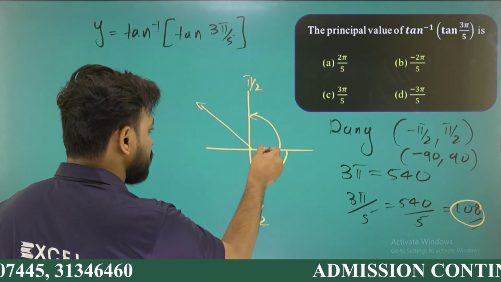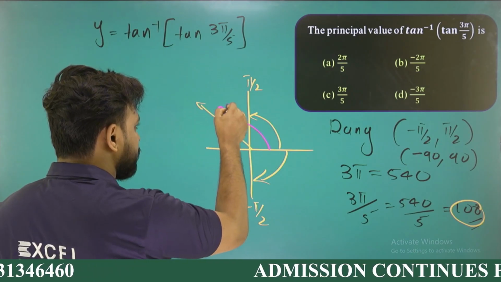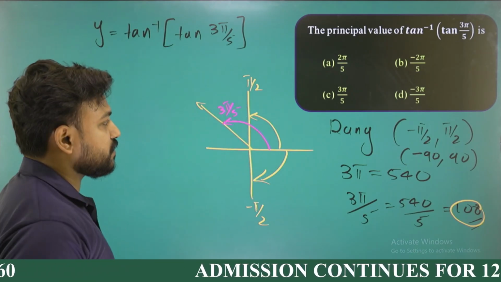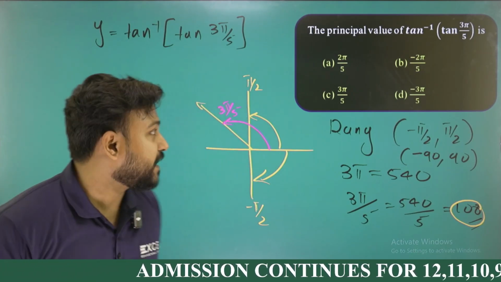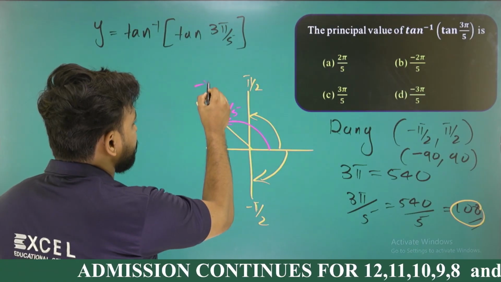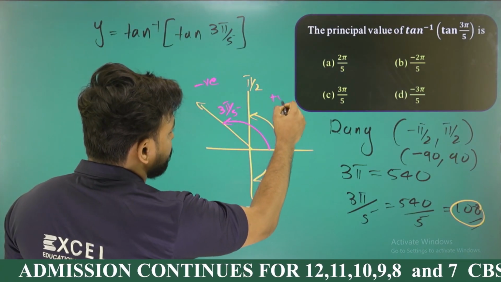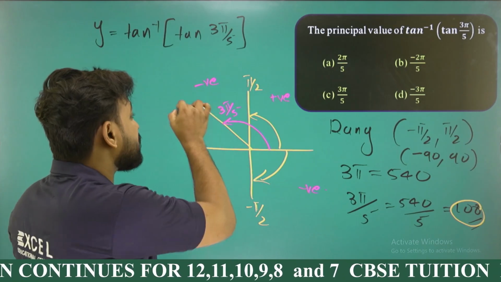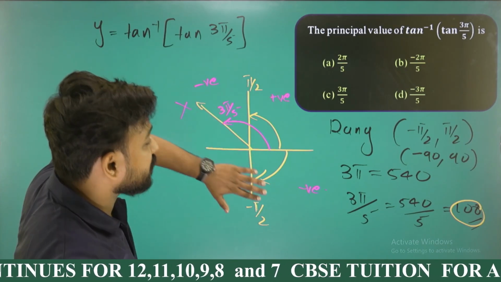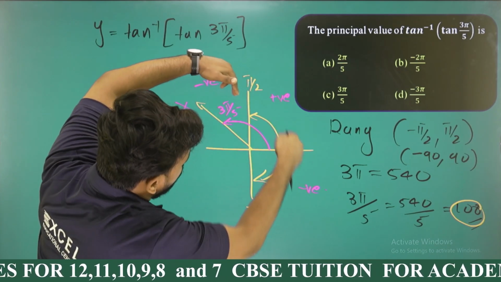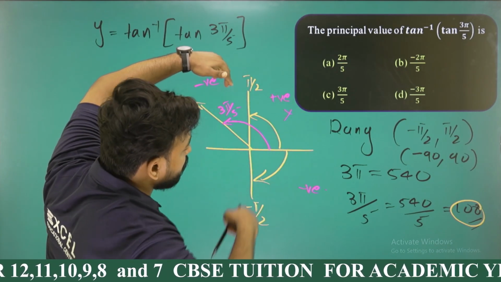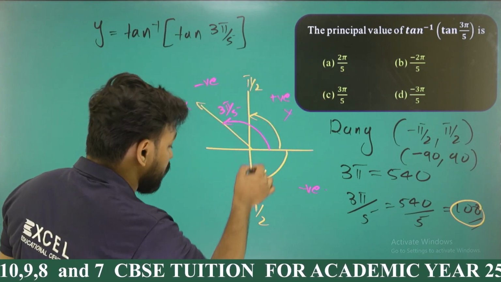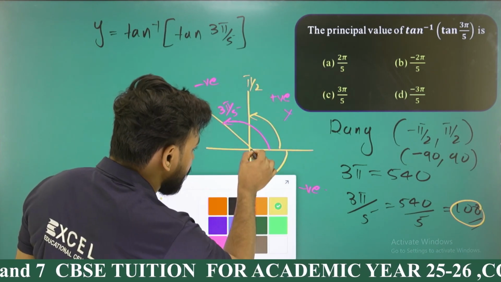So this is your 3 pi by 5. Listen, in this quadrant, tan is negative. Here it's positive. Here it's negative. So which quadrant can you choose? You're not allowed to choose this quadrant because your range is only in these two quadrants. You're not allowed to use this quadrant because it's positive. You're only allowed to choose the value here.